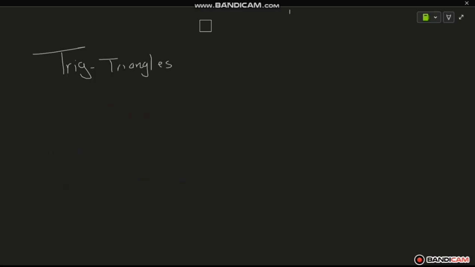You know the basics of trigonometry is that we have what is known as a right-angled triangle. This is a right-angled triangle because of the 90 degrees here. This is the triangle whereby we can use the theorem of Pythagoras on it, right?